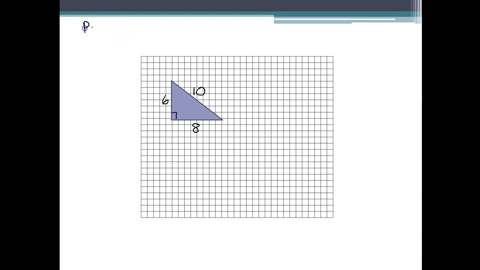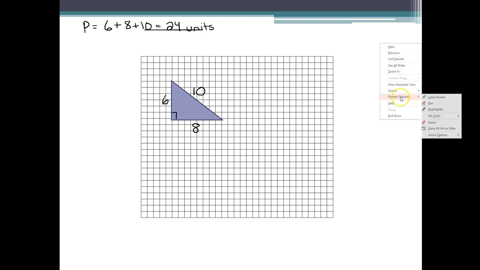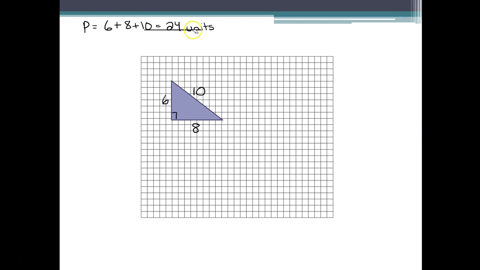Alright, so the perimeter here, just add up the side lengths. 6 plus 8 plus 10. Doesn't get any easier than that. That's exactly what we're doing. There's really no fancy formula here. It's just literally adding up those sides. That's all it is.